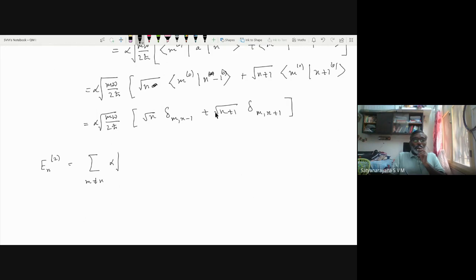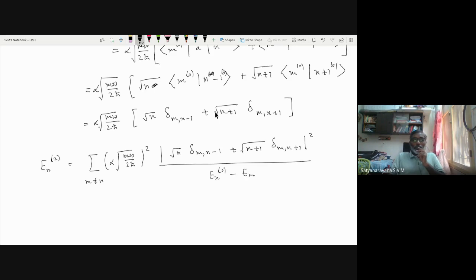Let us call this alpha m omega by 2 h bar, of course I have to square this one, into the modulus of root n delta m comma n minus 1 plus root n plus 1 delta m comma n plus 1, which is what I have evaluated there, the whole square, divided by En0 minus Em0.